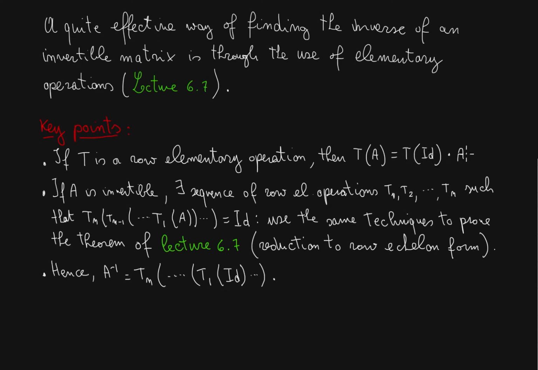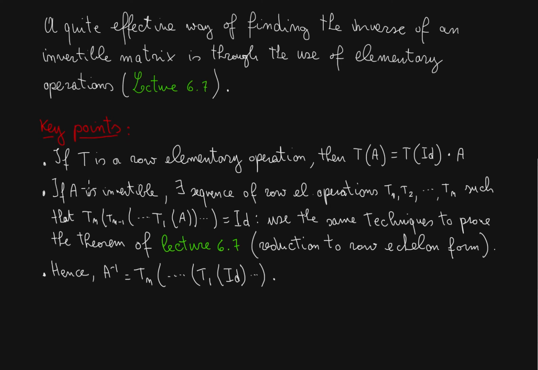We take A and multiply on the left by the matrix that we obtain by taking the identity matrix and applying the same elementary operation T. This is the remark that we made in the lectures of chapter 6.